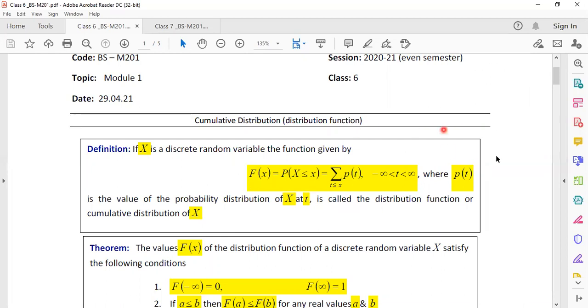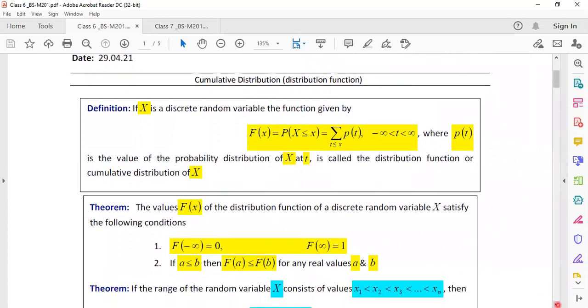This type of function is called the distribution function, or sometimes the cumulative distribution of capital X. Cumulative distribution is the same as cumulative frequency that you studied in the frequency distribution chapter earlier in school.